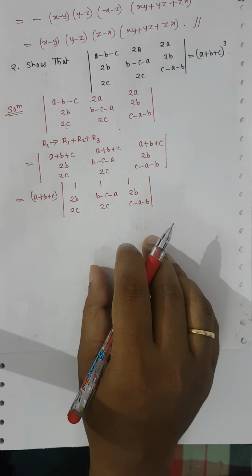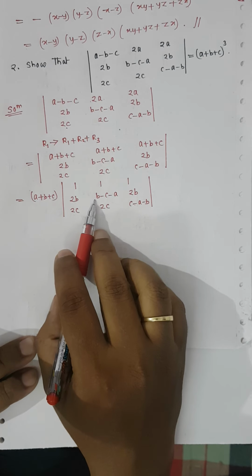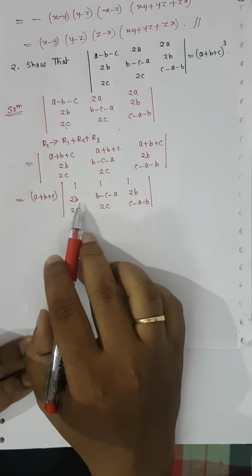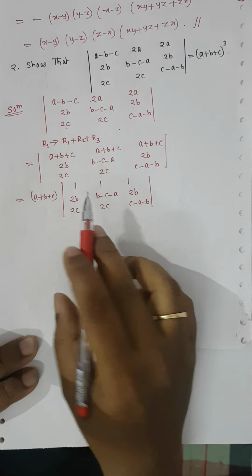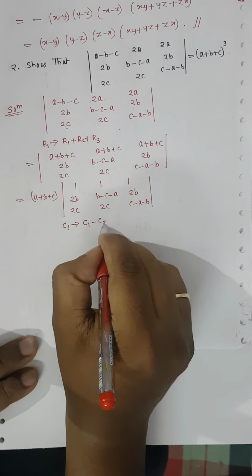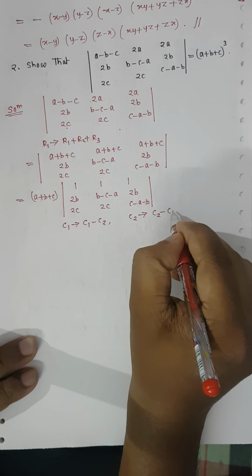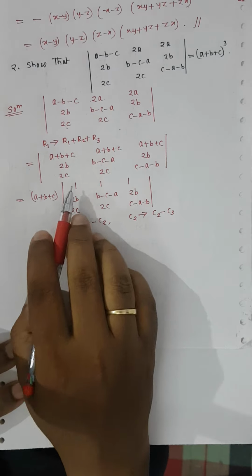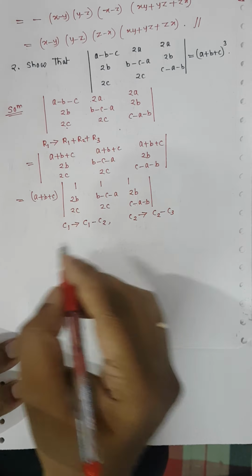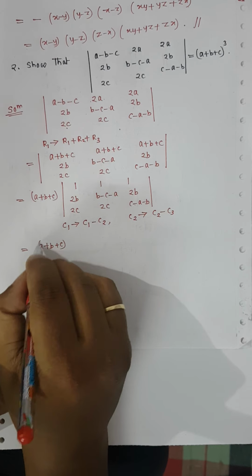Now we need to make zeros. If I do column 1 changes to column 1 minus column 2, and column 2 changes to column 2 minus column 3, I will have 1 minus 1 is 0, 1 minus 1 is 0. I am just trying to make zeros here.